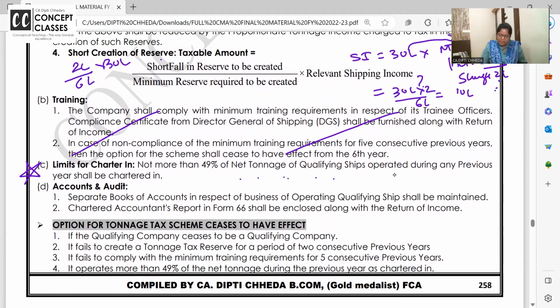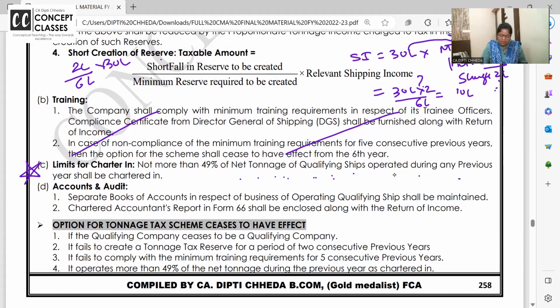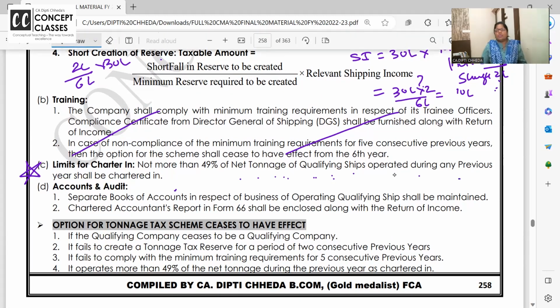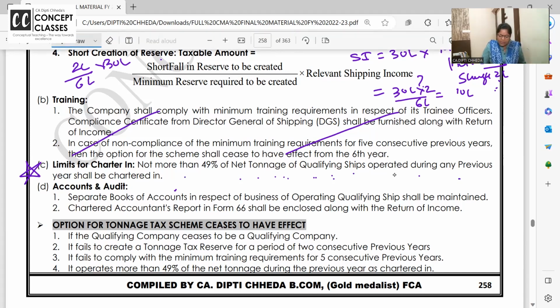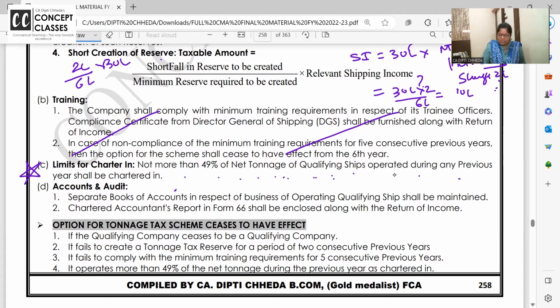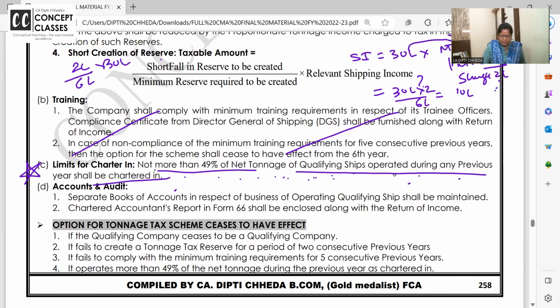So 49% of the net tonnage of qualifying ship operated during previous year should be chartered in. Okay, तो qualifying ship है आपके पास जिससे आप business कर रहे हो तो वो तो खुद का होना चाहिए. And if you are doing charter in for some tons, थोड़े qualifying ship के थोड़े tons खुद के हैं, थोड़े charter in कर रहे हैं, not more than 49% of the tonnage of the qualifying ships should be chartered in.